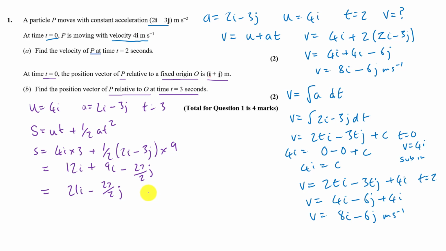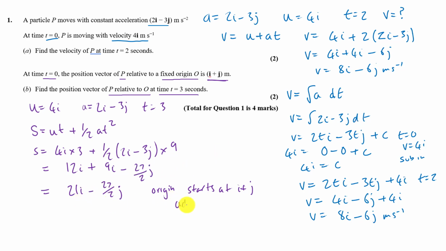Now this would be the answer if it started at the origin. But on this question, you can see it starts at i plus j. So we need to add this on.